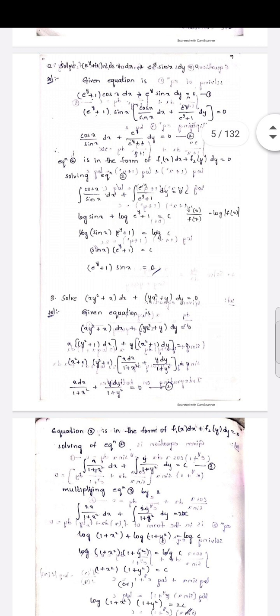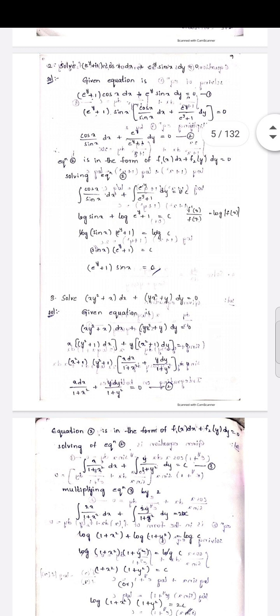Solving equation 2, the variables are separated, so we integrate: the integral of cos x / sin x dx plus the integral of e^y / (e^y + 1) dy equals c. The integral of cos x / sin x is log of sin x, and the integral of e^y / (e^y + 1) is log of (e^y + 1), equal to c.